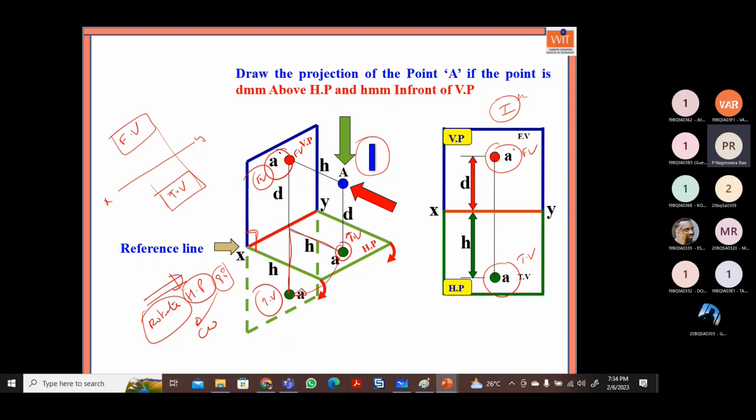That is the reason whenever the object is in the first quadrant or first angle projection, any image above the XY line is the default front view, and exactly below the XY line is the top view.